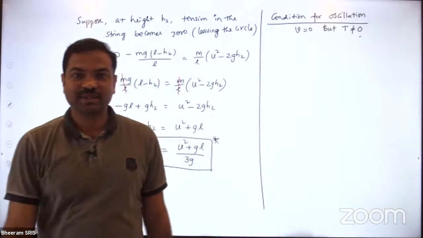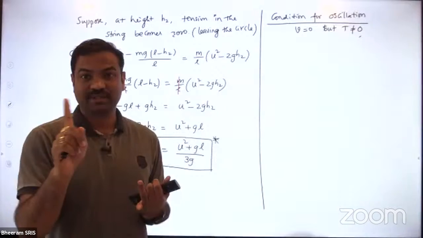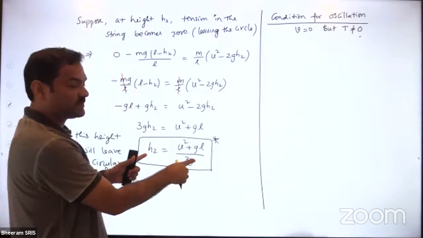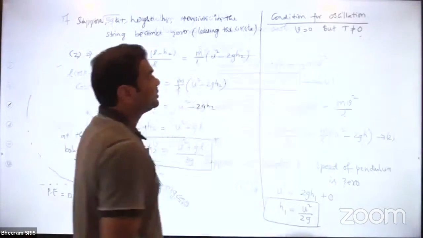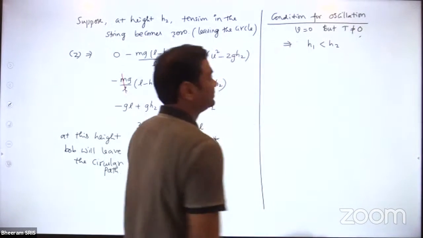Do you remember? First I explained. Speed should be zero, but tension should not be zero. At what height tension is becoming zero? H2. At what height speed is becoming zero? H1. So this implies H1 should be less than H2.